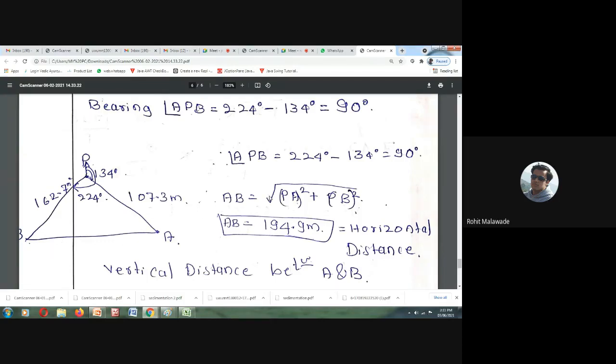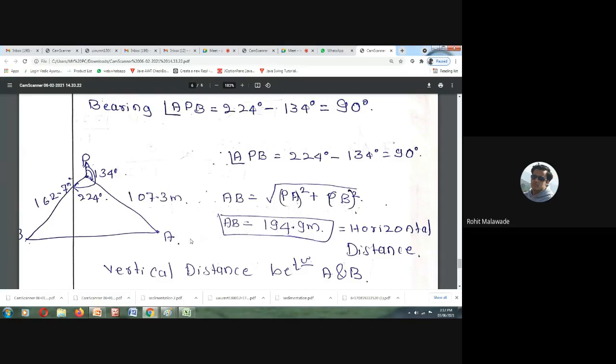I can determine this by PA square plus PB square. PA is 107.3 square, and PB is 162.7 square. If I do it, I will get the distance AB. So what is this distance?